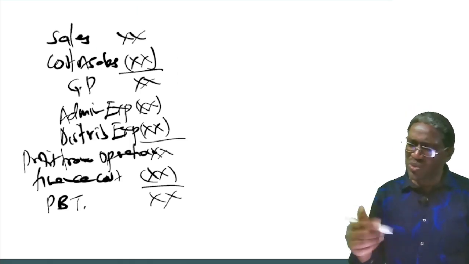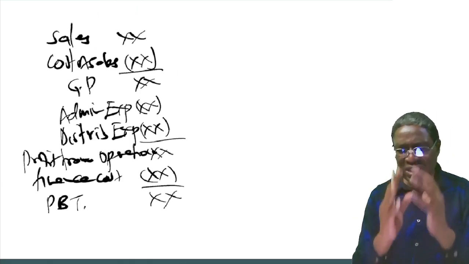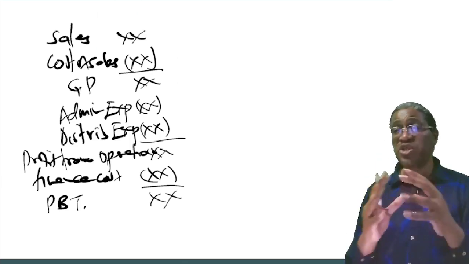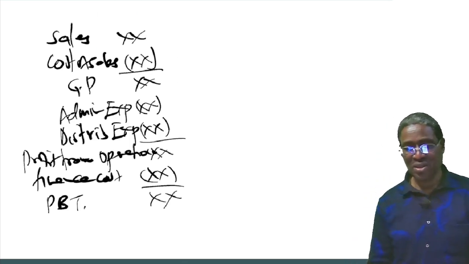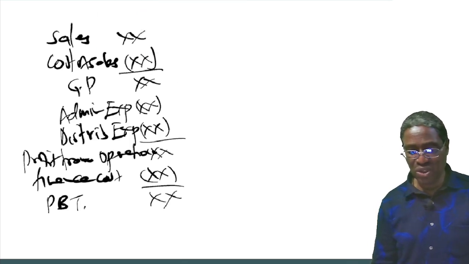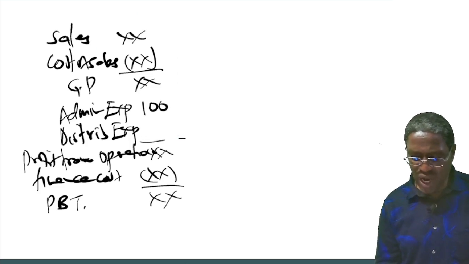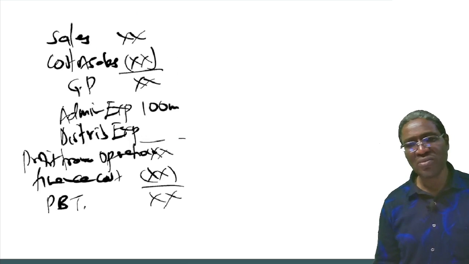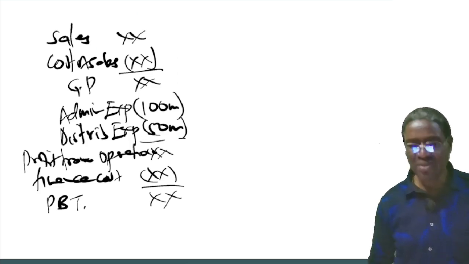So in other words, you are looking for what it is that you paid for all your expenses. Suppose from your question, the admin expenses of this company were 100 million, while the distribution expenses were 50 million.